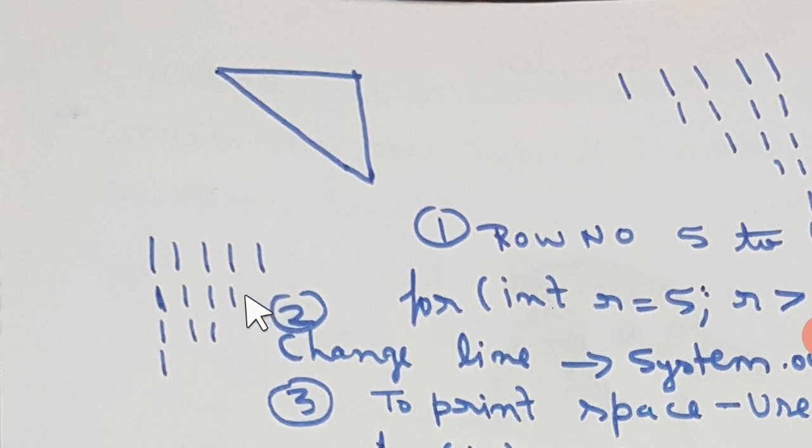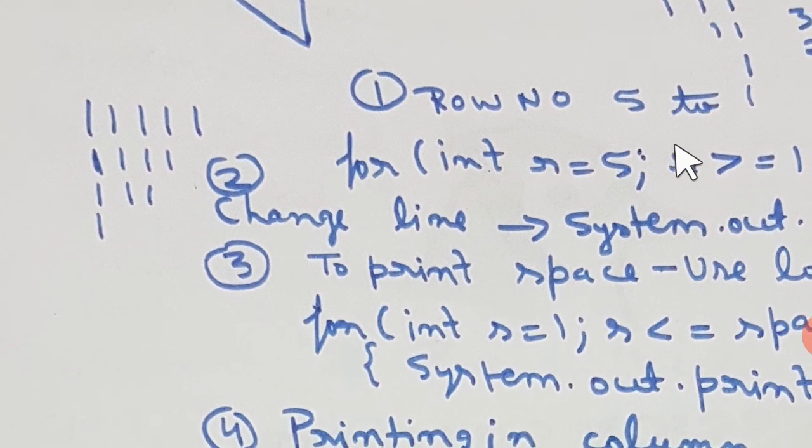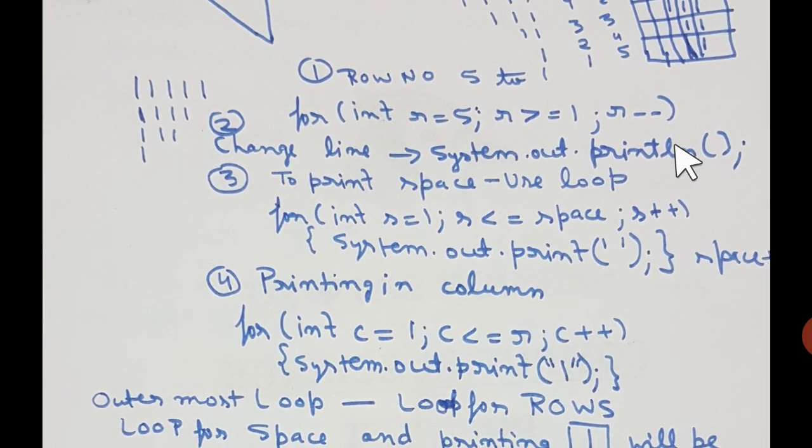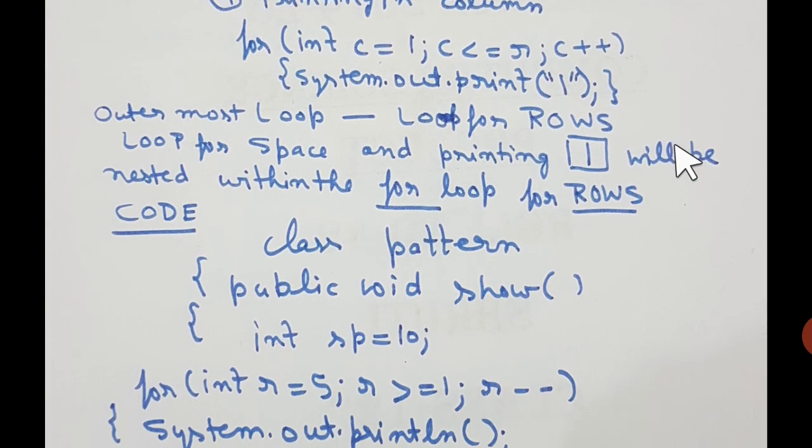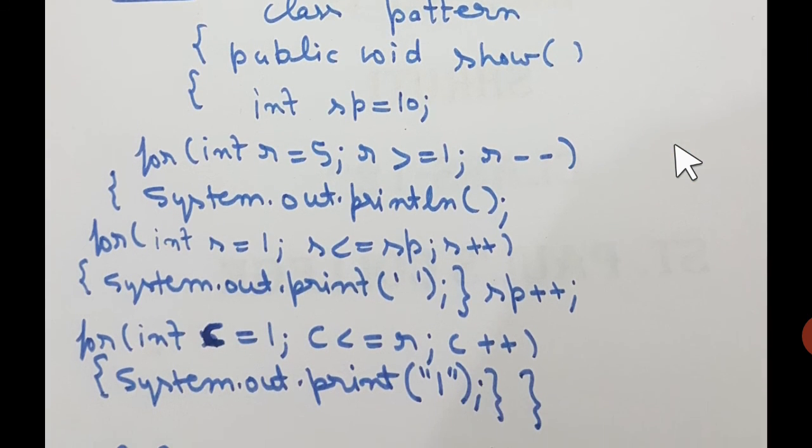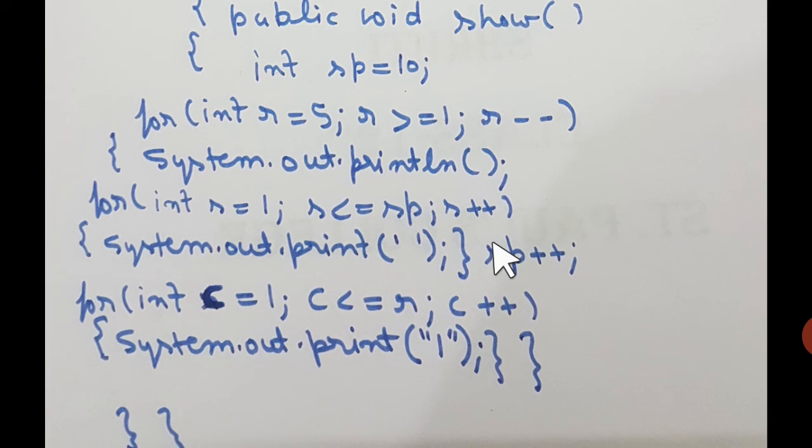So we don't have to be worried about spaces in this pattern. But in this case, spaces are before printing 1. So we need to be careful, and we have to write the loop for what? Spaces.